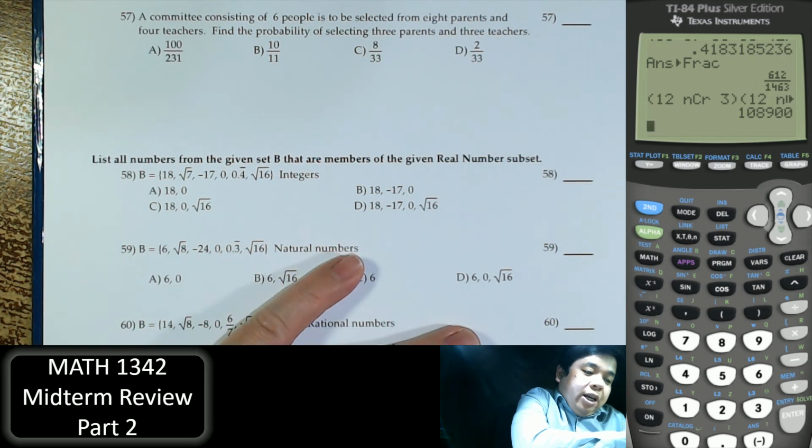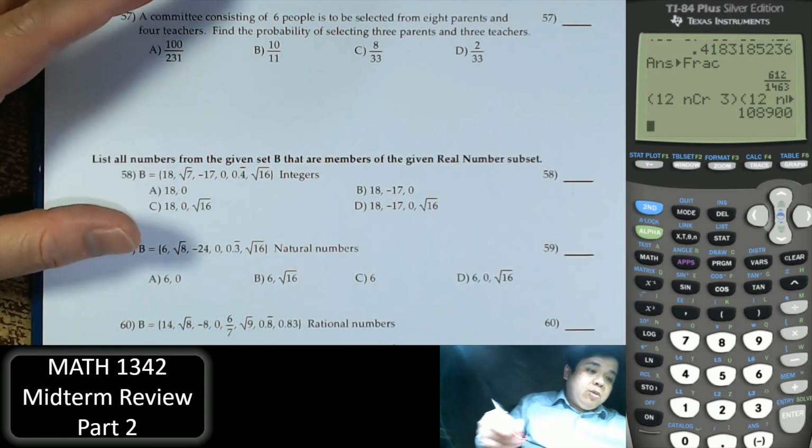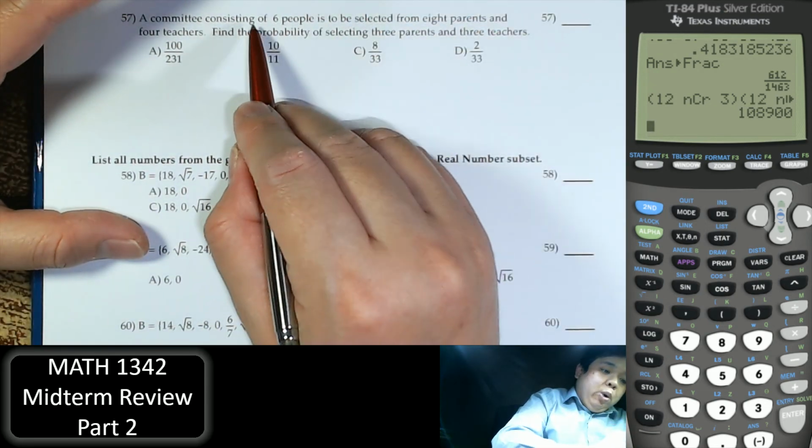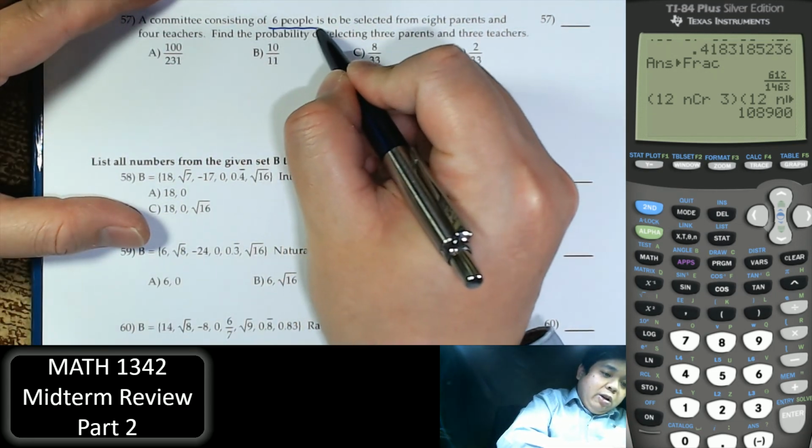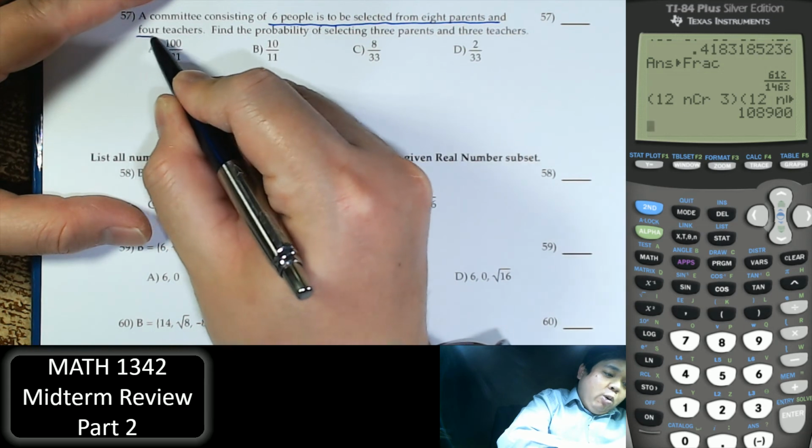Right, next we have a committee of 6 people to be selected from 8 parents and 4 teachers. Find the probability of selecting 3 parents and 3 teachers. So first of all, we're going to select 6 people from 8 parents and 4 teachers.